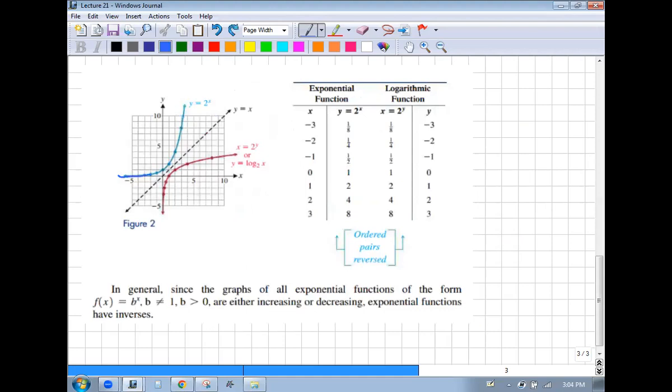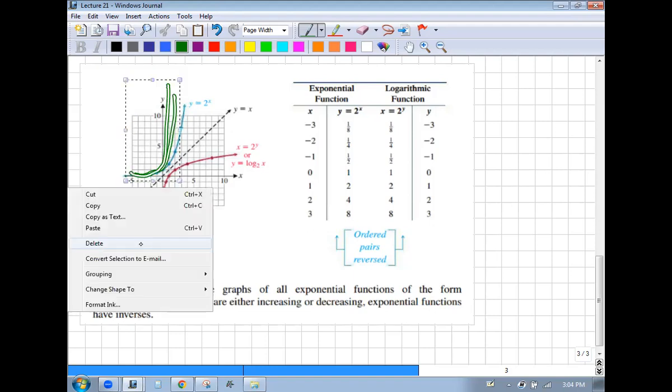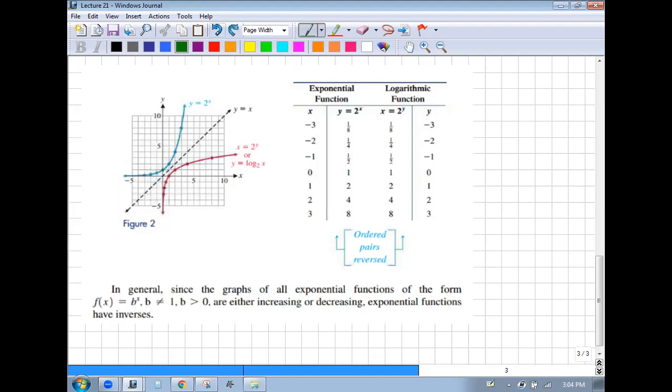It looks like this. Like I said, the exponential never crosses that line. This is 2 to the x. 3 to the x would look like that. 4 to the x would look like this. 10 to the x would look like this. They all look the same. It's just the bigger the base, the faster it grows.